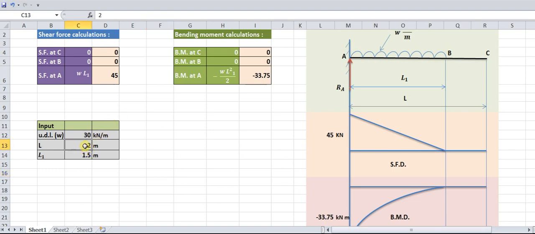Now if this span length is 5 meter and this is 2.5 meter, then also you can get the various values: shear force at A is 75 kilonewton in this case, and bending moment at A is minus 93.75 kilonewton meter. So in this way we can use this particular Excel calculator for this example to find out the various values easily.